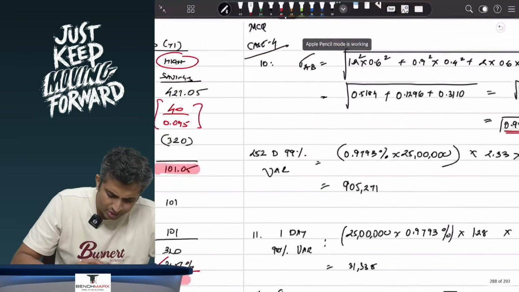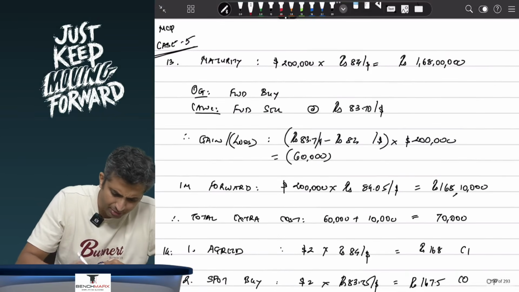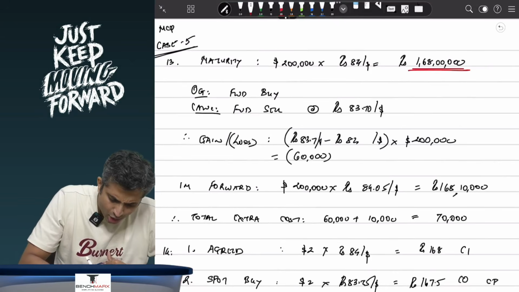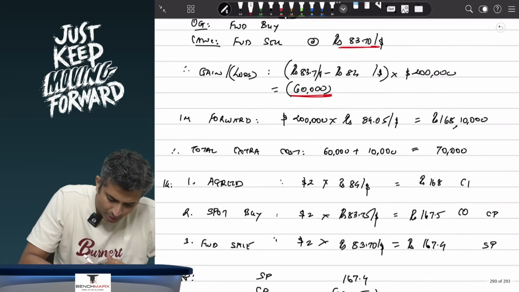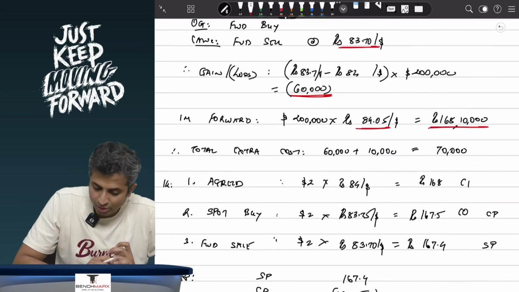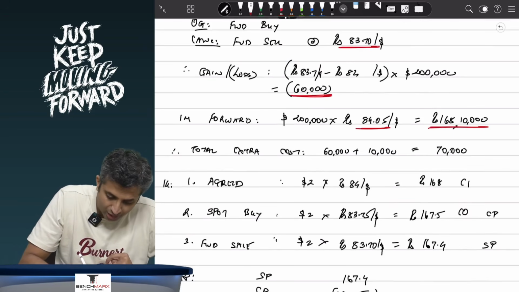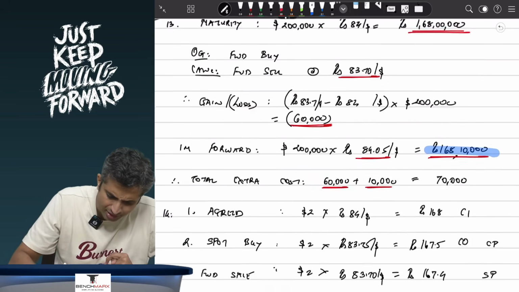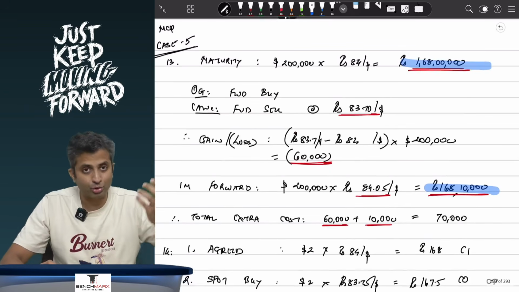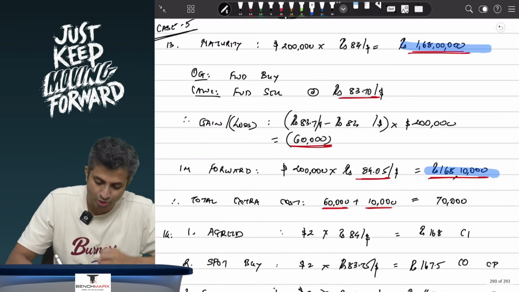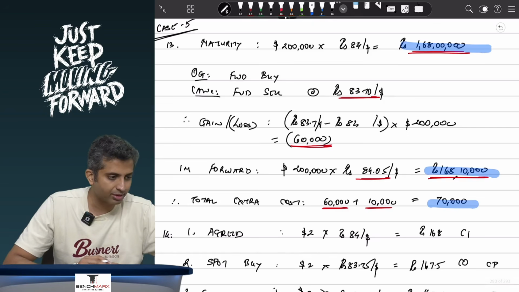If I review this case, the maturity value is 168. The original you will cancel at 83.7, so there's a cancellation loss of 60,000. The 1-month forward will be at 84.05, so this is 168 and 10,000. So the total extra cost is 60,000 as well as 10,000, where 10,000 is the difference between the two rates. Additionally, you have to pay in any case 10,000 plus 60,000, so the total cost is 70,000.